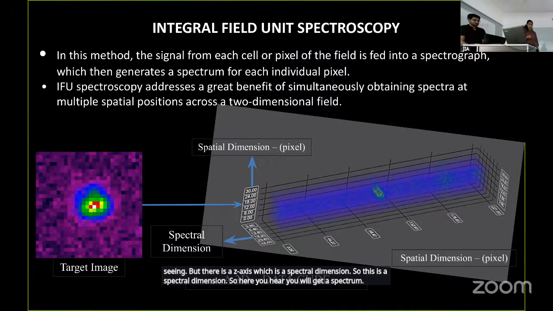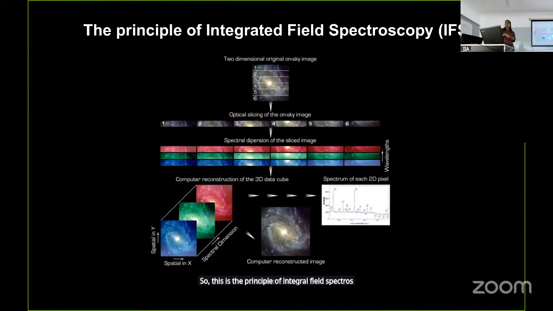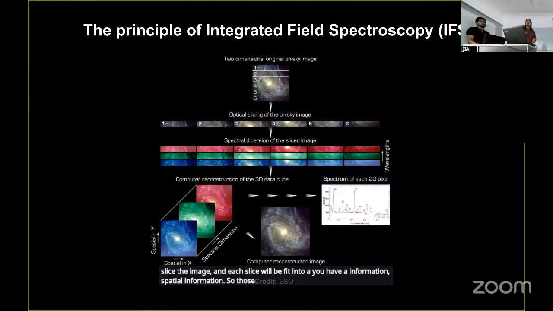I have one more slide for this. This is the principle of integral field spectroscopy. They slice the image, and each slice is fed into a spectrograph. You have the spatial information, and those fluxes will be fed into a spectrograph and dispersed.